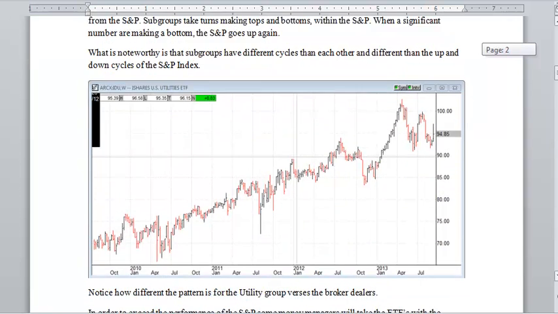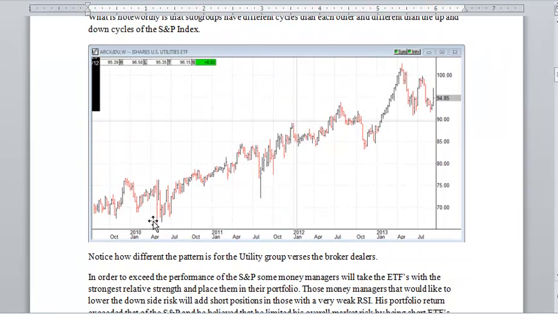I don't know, Scottrade, I guess. Anyway, here's an example of a chart with utilities, and you can see in July of 2011 it went down nicely. October of 2012, it went down real nice, and here it just went up like gangbusters.